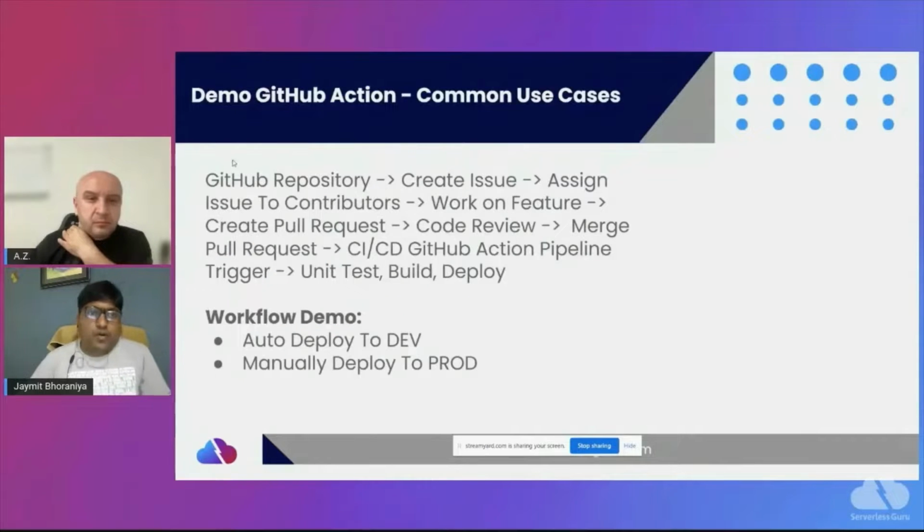In this demo, I will quickly show how things work. Generally in a project there will be a GitHub repository, and someone creates an issue and assigns it to the contributor.